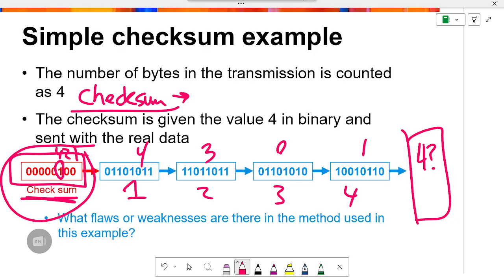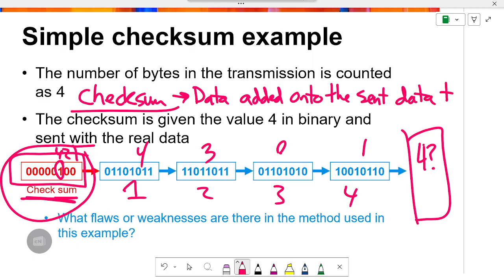It's data added onto the sent data to show the sum of items sent. This is a basic example. Okay. If we have a missing total, then we will have to resend the data.